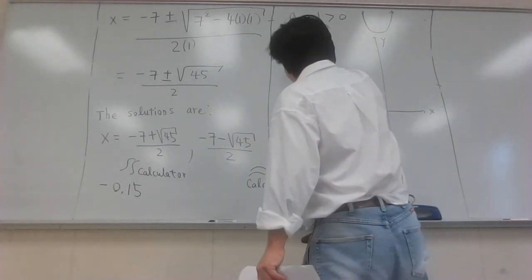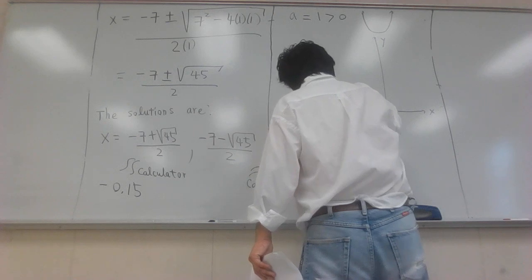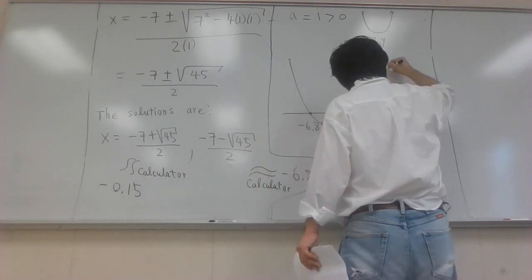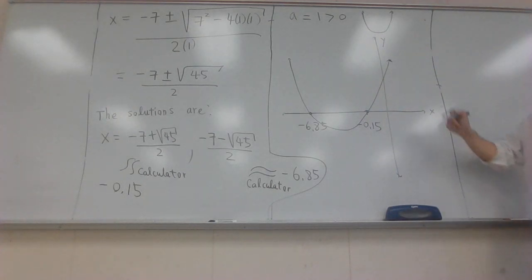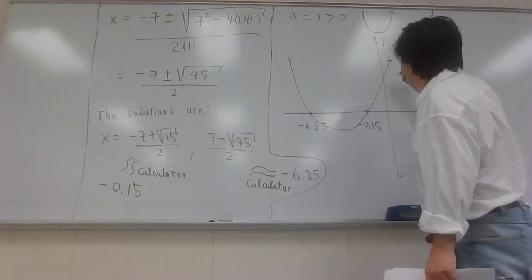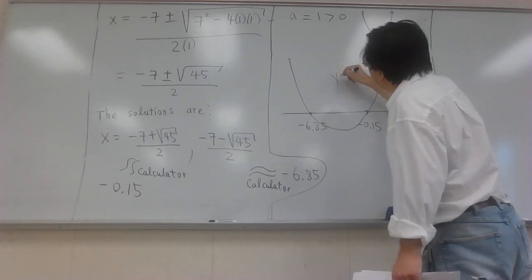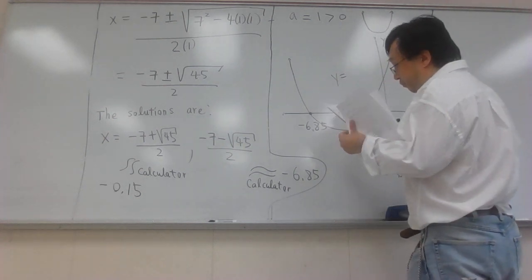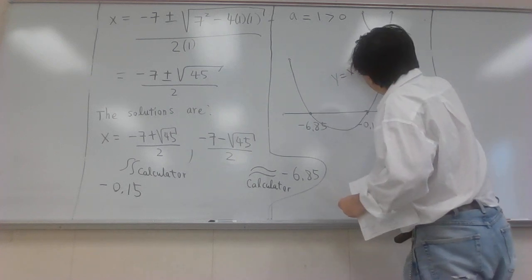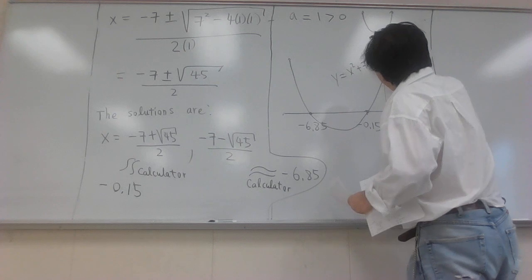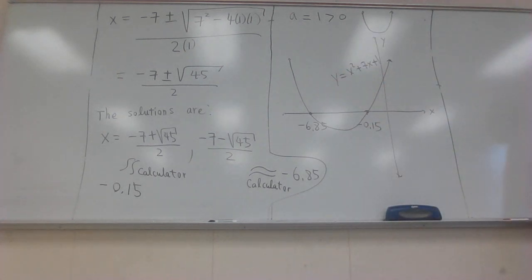So this is the rough picture of y equals x squared plus 7x plus 1.